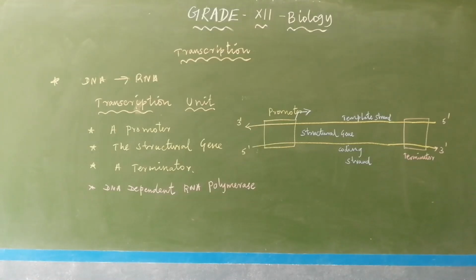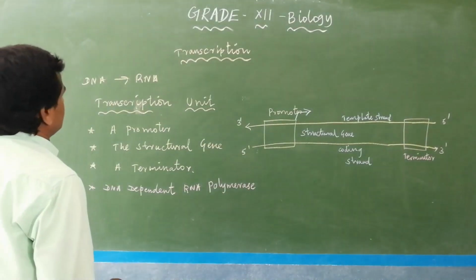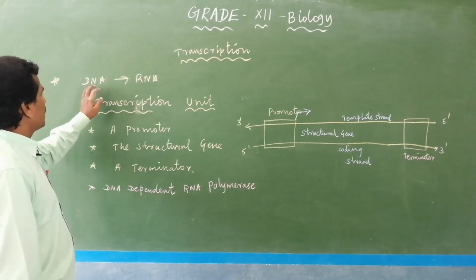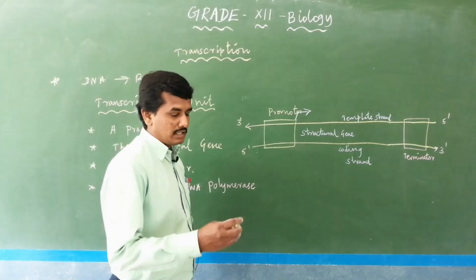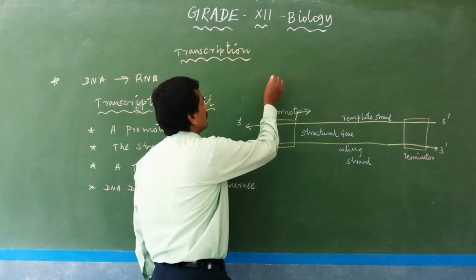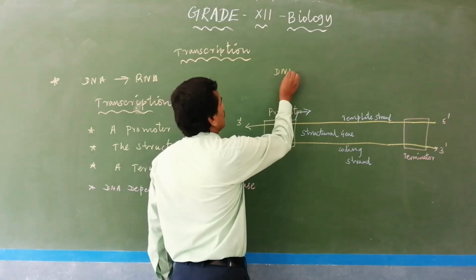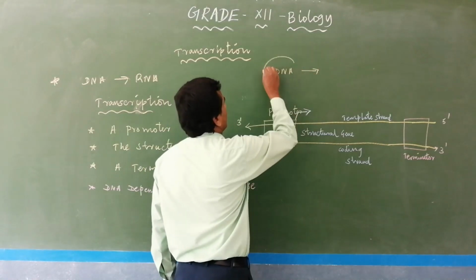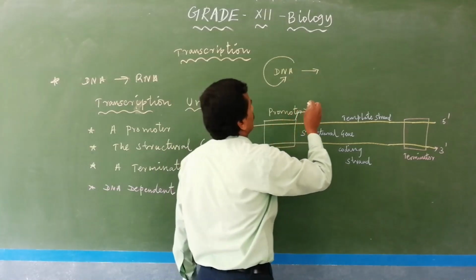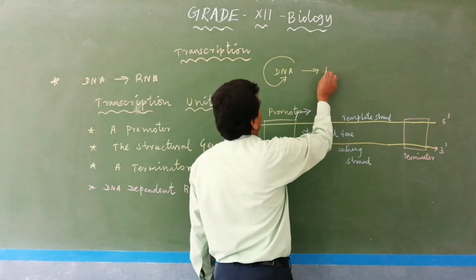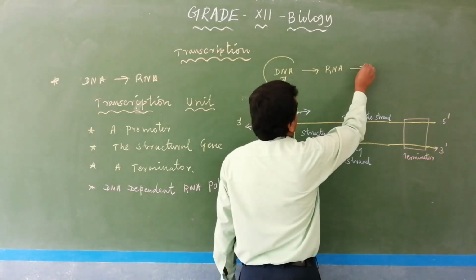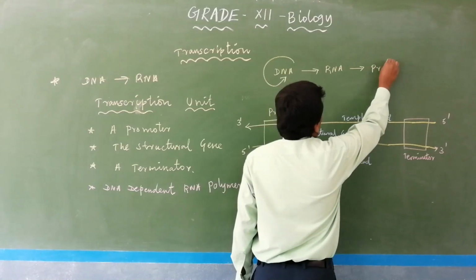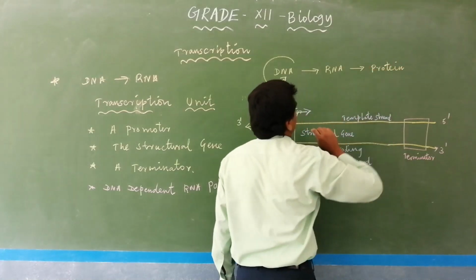Next, after replication, is transcription. Transcription is nothing but the conversion of DNA into RNA. Normally, what is the central dogma? DNA gets replicated into DNA, and through the transcription process DNA is converted into RNA, and RNA is converted into protein through the translation process.